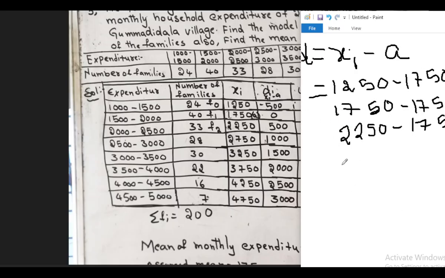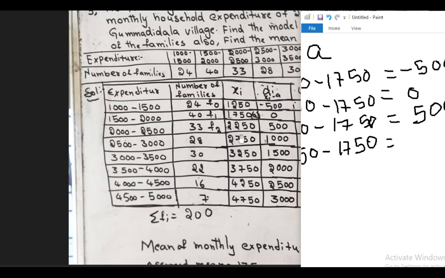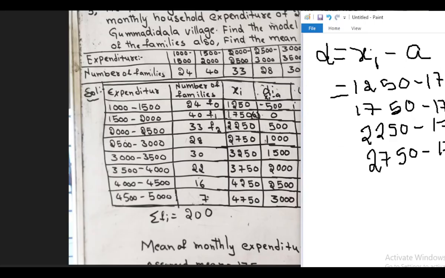Then the next class, 2750. From 2750, if we subtract 1750, we get 1000 as the deviation. Then 3250 is the next class midpoint.